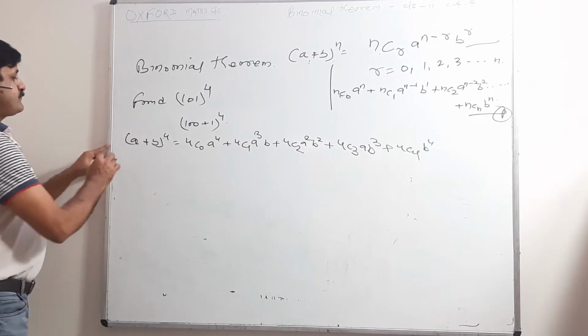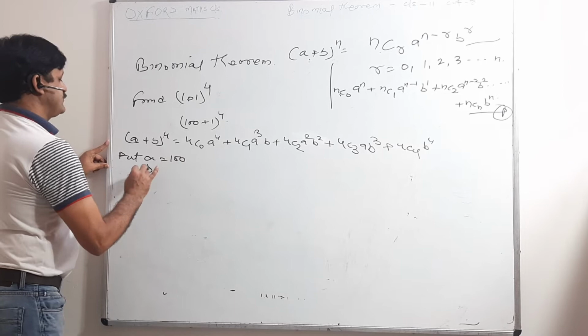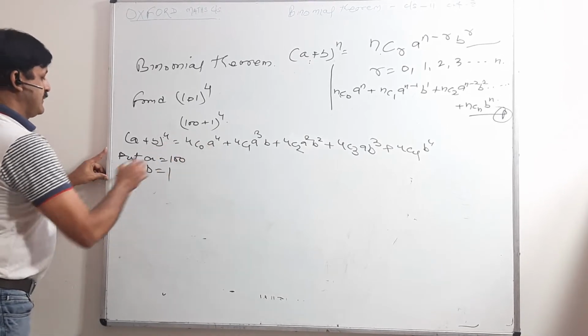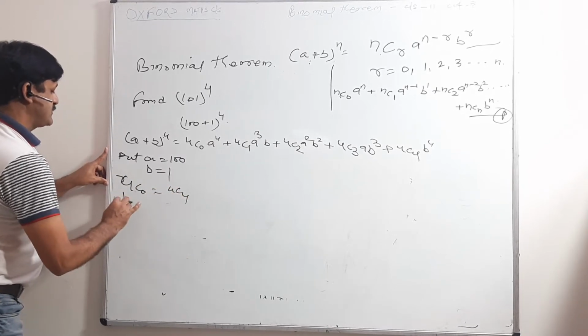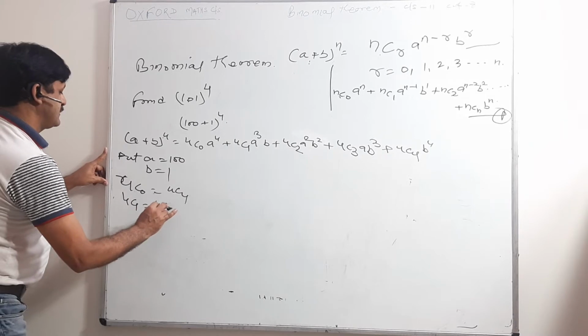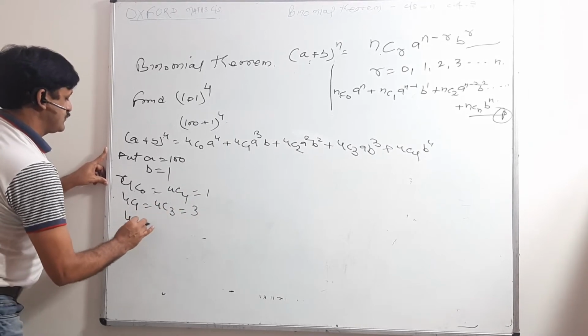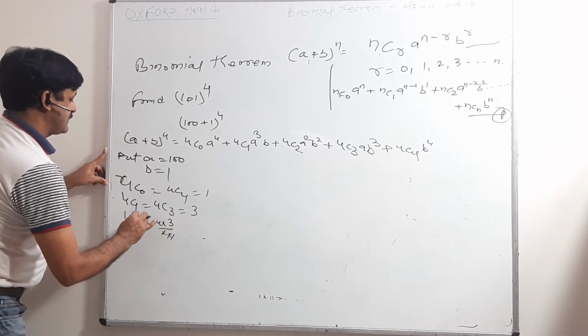Now put a is equal to 100 and b is equal to 1. 4C0 is equal to 4C4, 4C1 is equal to 4C3, this is 1 and this is 4, and 4C2 is equal to 4 into 3 upon 2 into 1, that is 6.